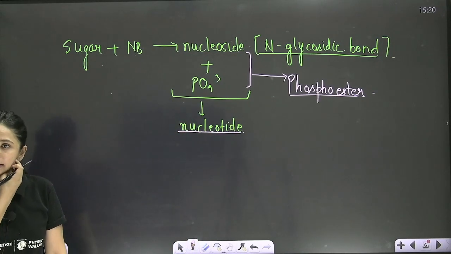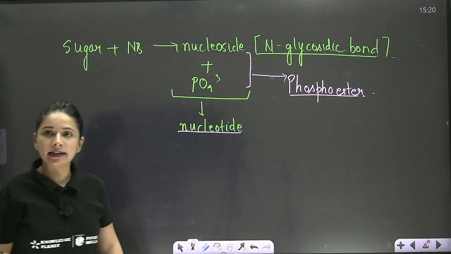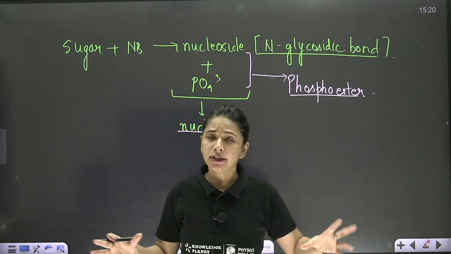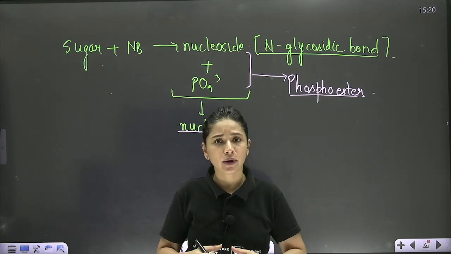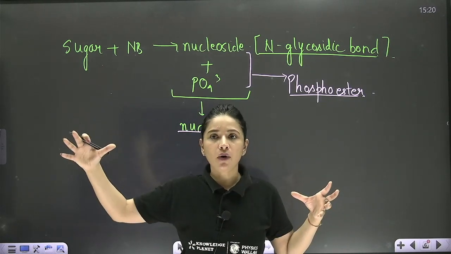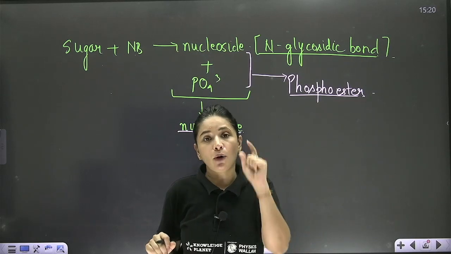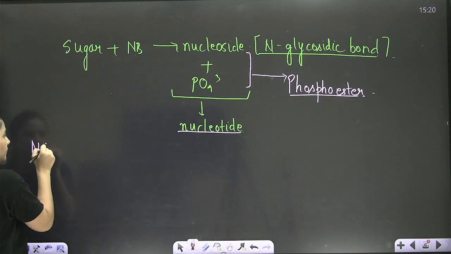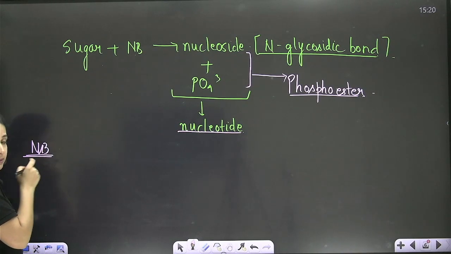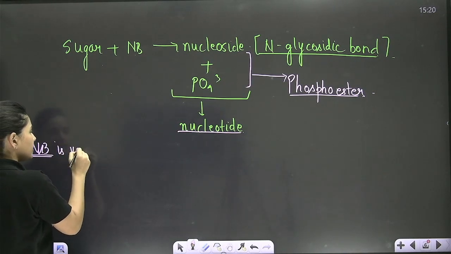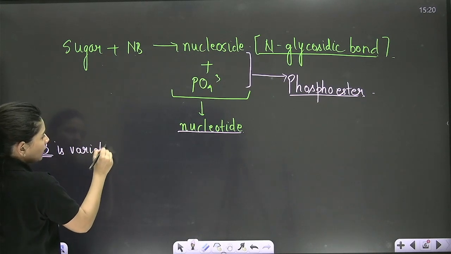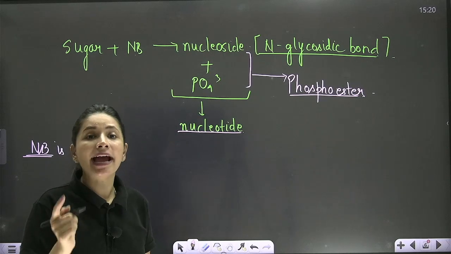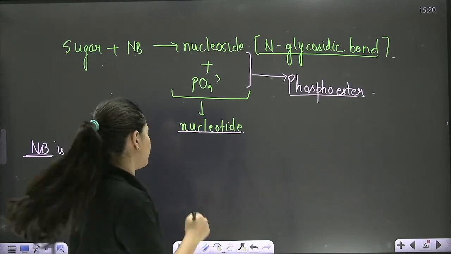I hope till here it's crystal clear to each and every one of you. Now like this, there are so many nucleotides which again join to each other, forming the long chain of DNA. Now one more thing I told you, beta, is that in the structure of DNA, the nitrogenous base is variable. Why? Because DNA is made up of 4 nitrogenous bases which can be grouped into 2 categories, right?